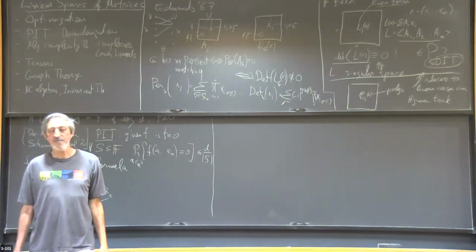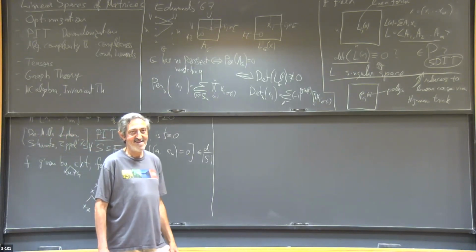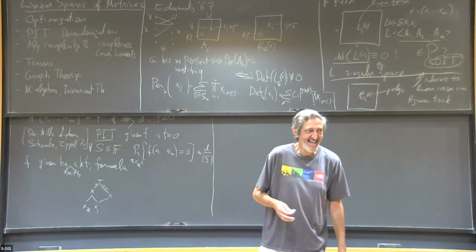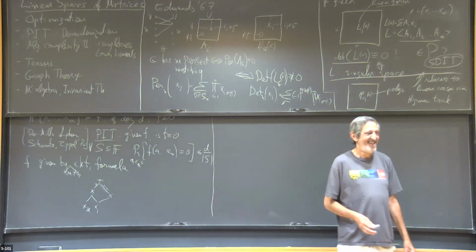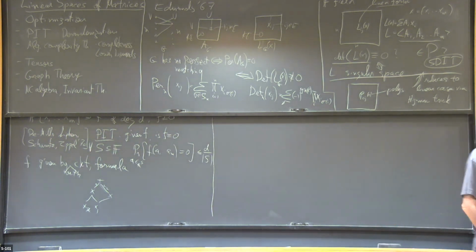What's the complexity of the determinant? You should know. Formula or circuit? Quasi. Doesn't matter. Polynomial is quite small, much smaller than n factorial.